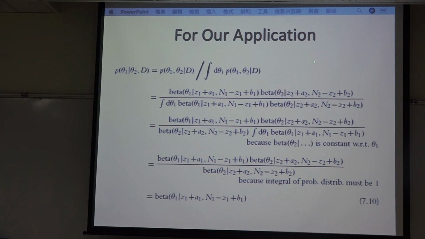Here, for our application, we are again assuming the flip of two coins. Of course, as I said earlier, for the flip of two coins we already know the analytical result of the posterior distribution. But for now, let's just assume that it is so difficult to obtain.